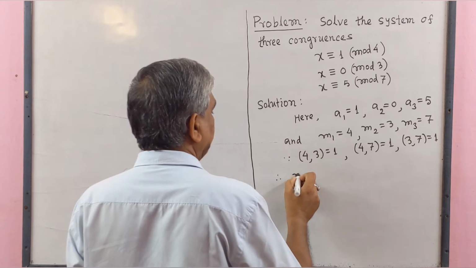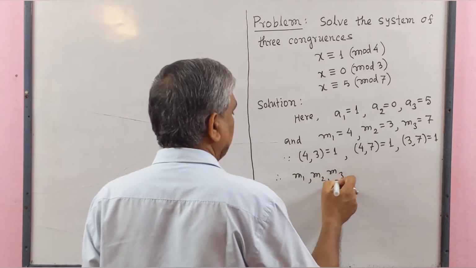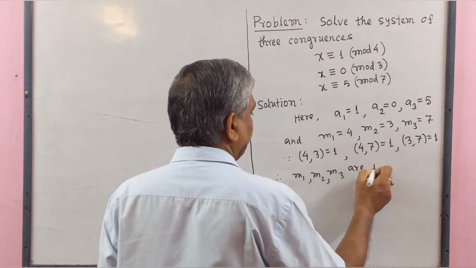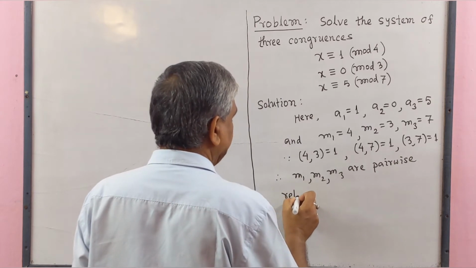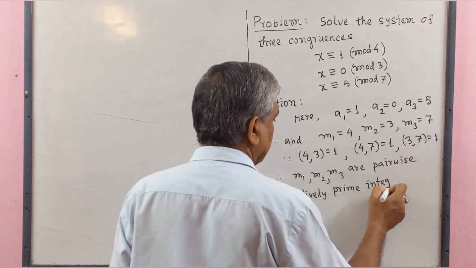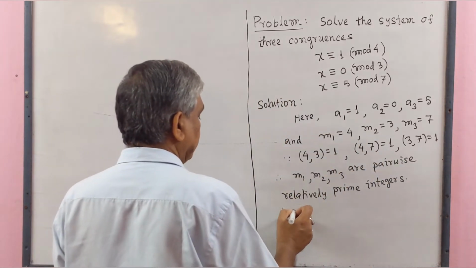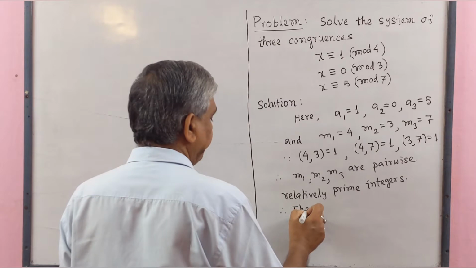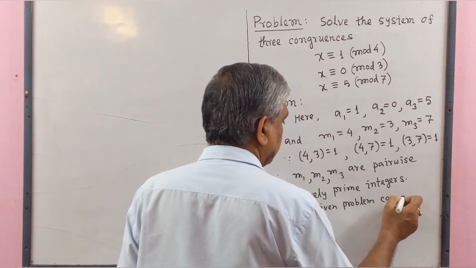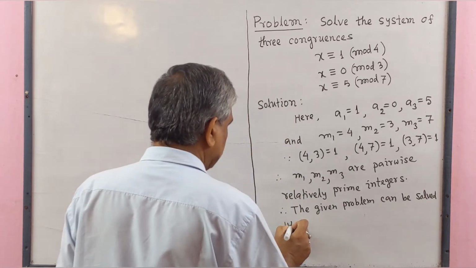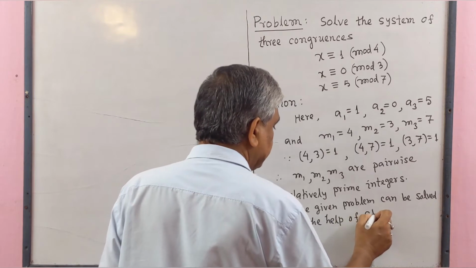Therefore, m1, m2, m3 are pairwise relatively prime integers. Therefore, the given problem can be solved with the help of Chinese remainder theorem.